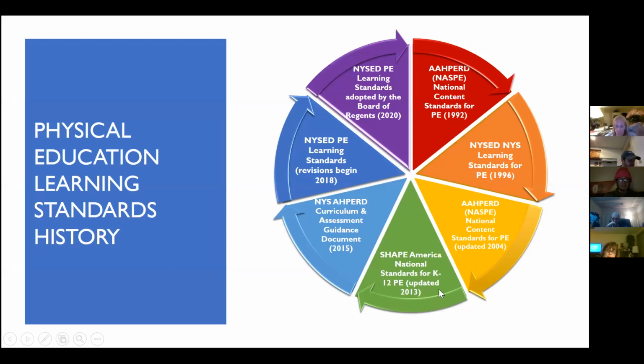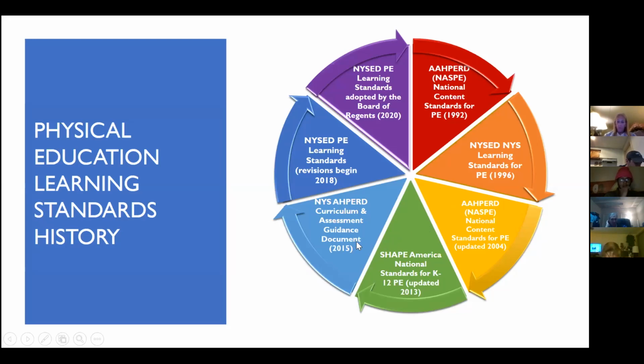Then in 2013, with a name change to the national association SHAPE America, there was another condensing of the national standards, from 6 down to 5, which many of us now know from our PEAT programs. But remember that New York State is still holding true with its 3 standards in physical education, health, and family and consumer sciences.